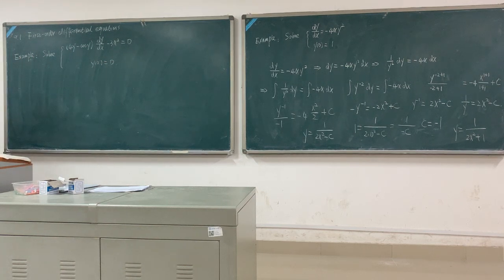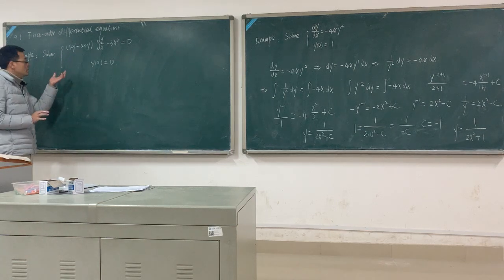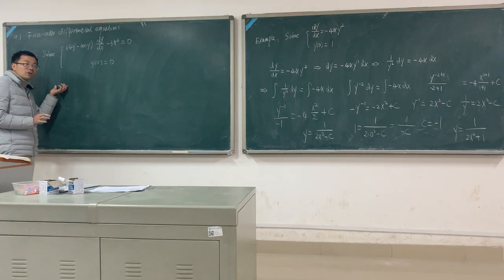For the second, 4y minus cosine y, dy/dx, minus 3x squared equal to 0, and when x equal to 0, y equal to 0. For this one it is the same. We first write it in the separable form.